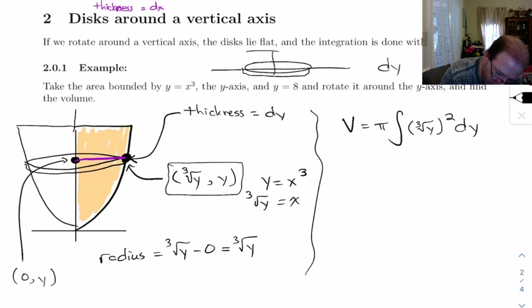For this, again, we go from one end of the shaded area to the other. In this case, we're doing it with respect to y, so we're going from here to here. Down here, this is at y equals 0, and up here, this is at y equals 8. So those are our endpoints.